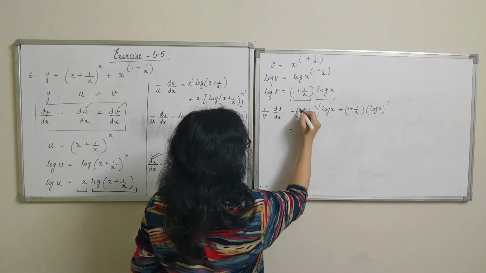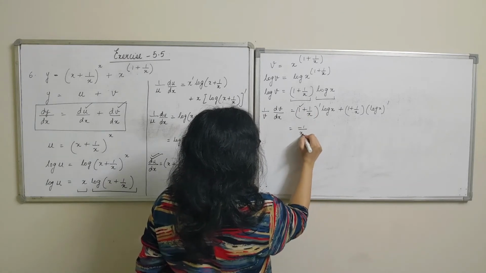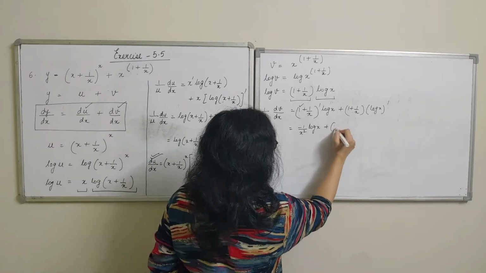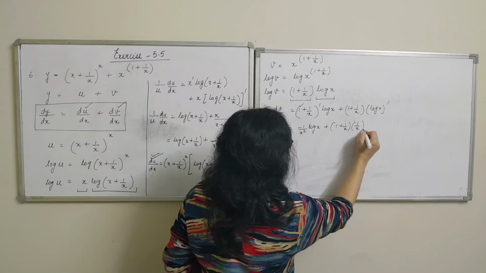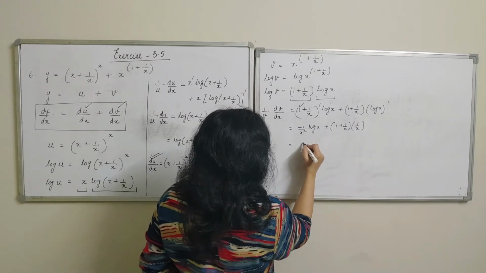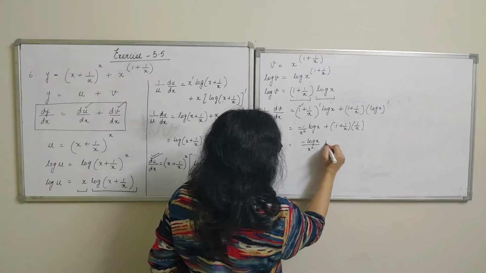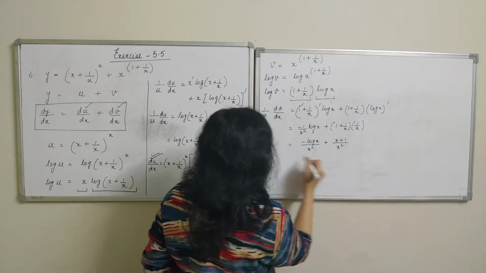Okay, and further simplifying, derivative of 1 is 0, derivative of 1 by x is minus 1 by x square into log x plus (1 plus 1 by x) into derivative of log, which is 1 by x, and simplifying it further, what do we get? Minus log x upon x square, plus (x plus 1) upon x square.